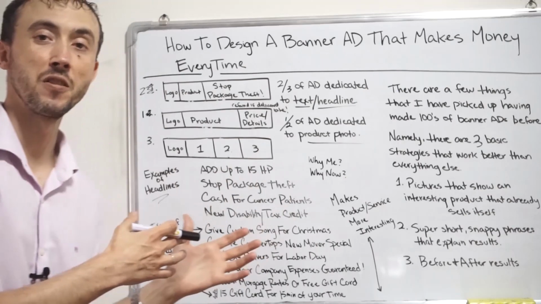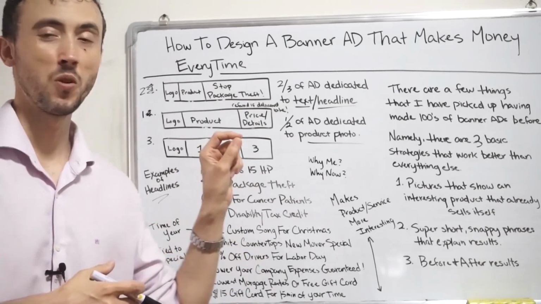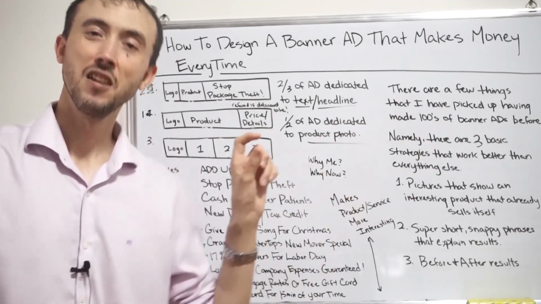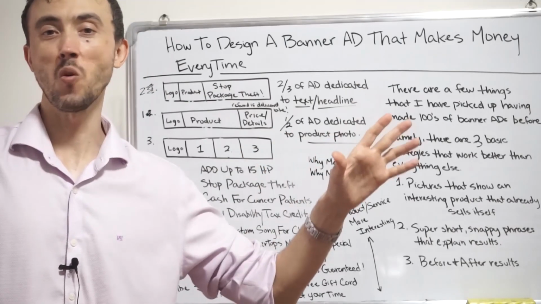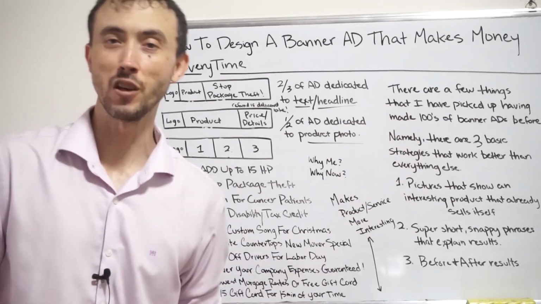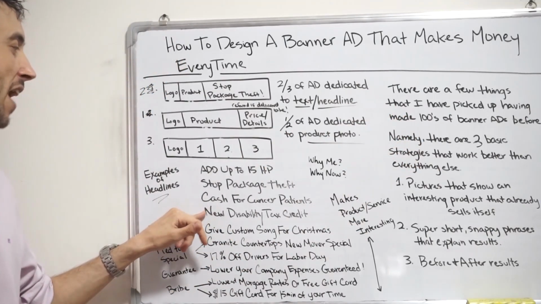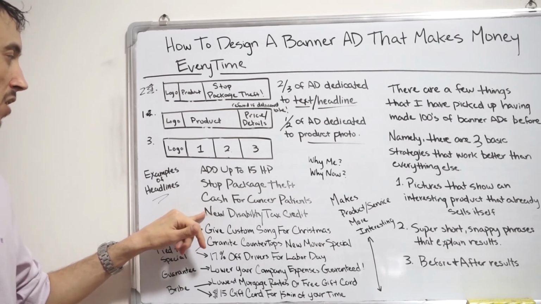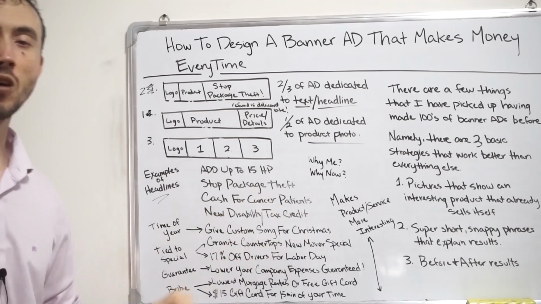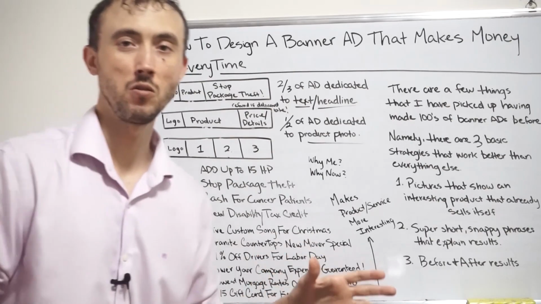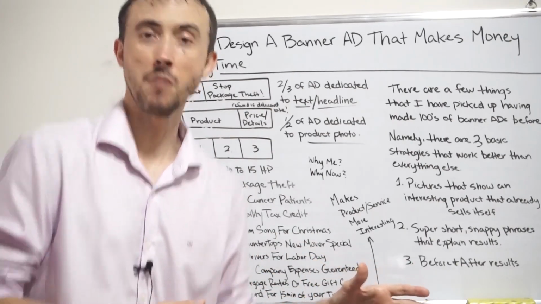And I've talked about on other videos on this channel, if you put the word new in front of your headline, that'll many times get you a 20, 30, 40, 50% lift on your click-through rates. But anyway, with that said, new disability tax credit gets across that it's like, hey, I want a tax credit. I'm disabled.